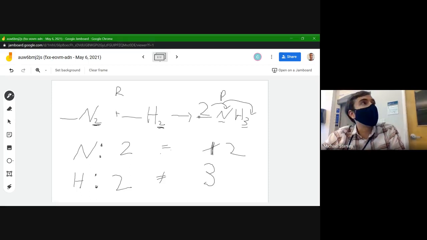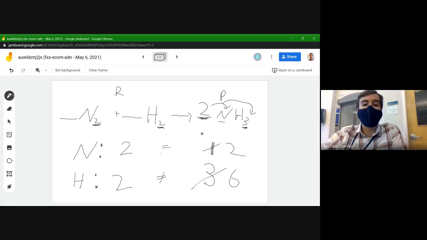Remember, whenever a coefficient and a subscript interact with each other, you multiply. So in this case, we do 2 times 3, and that is going to give us 6 hydrogens. So we started off with 1 N and 3 H's, and then we put a 2 here, which doubles everything. So now we have 2 N's and 6 H's. 2 times 3 is 6.